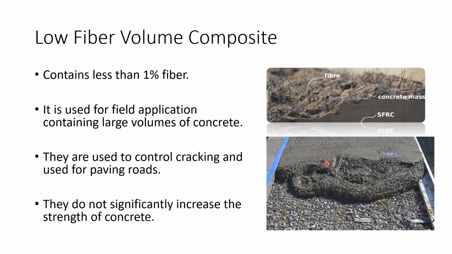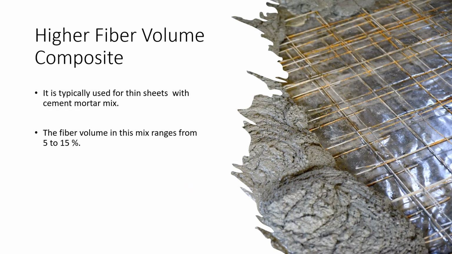We use it for paving roads, because on roads we don't want cracks. Even when you go outside, pay attention to the roads and you're going to see cracks. In order to stop or control the cracking, you use a low fiber volume composite concrete. They do not increase the strength of the concrete significantly, but they definitely stop the cracks.